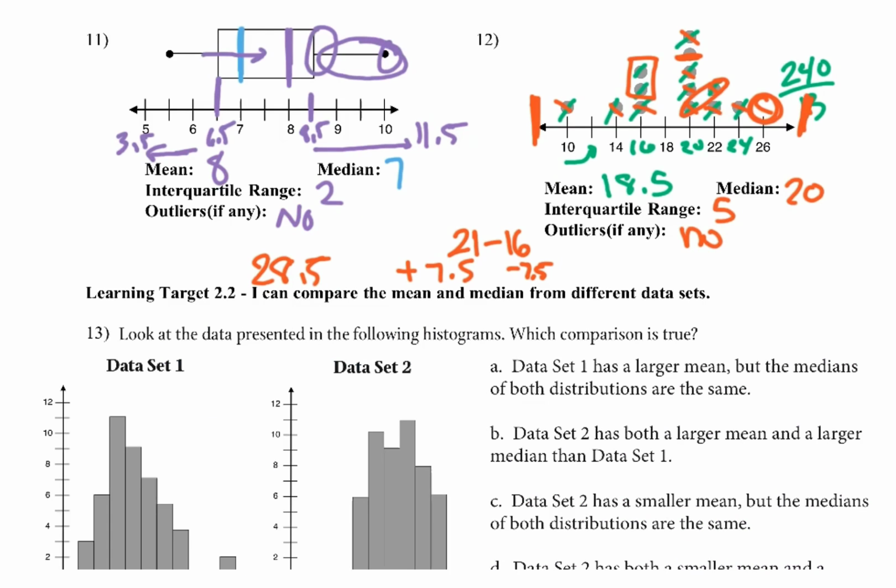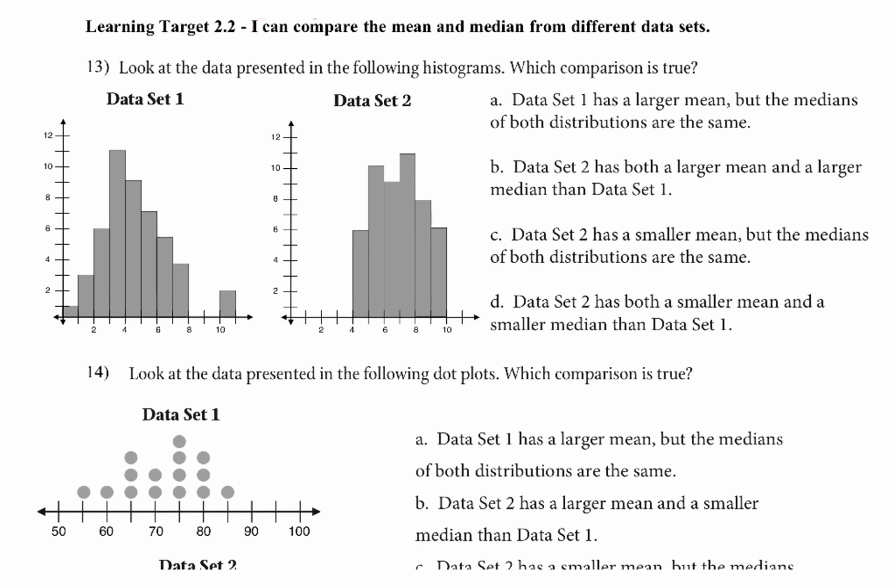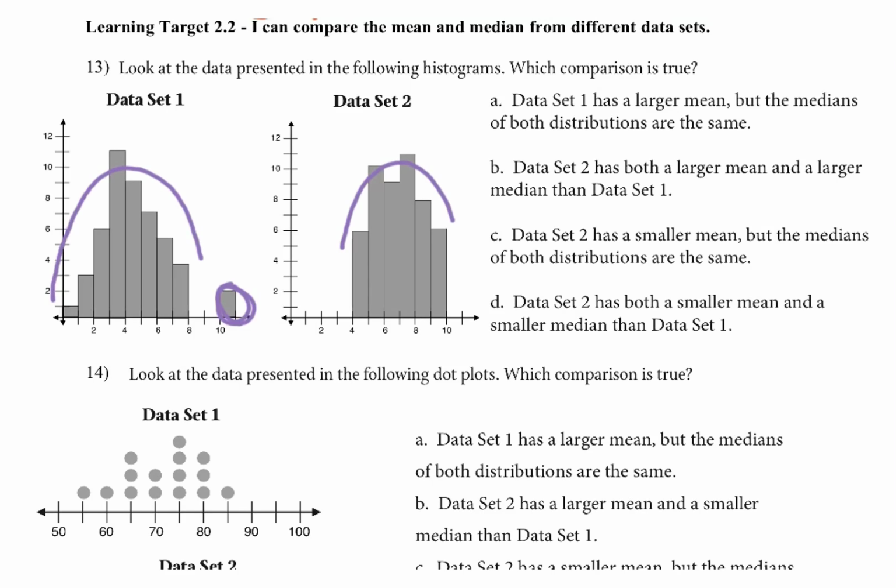All right, so now let's take a look at comparison. Look at the data presented in the following histograms. Which comparison is true? We're looking at means and medians. When we're just comparing, if you have something that's further out, that's going to affect it. If you have that normal curve, generally things are going to be more like the mean and the median.